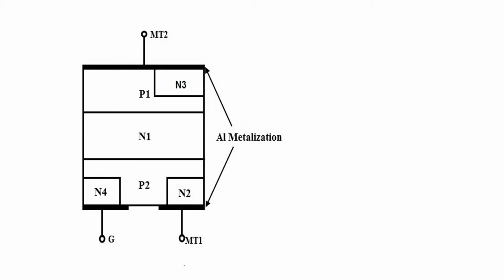A triac actually has five layers, out of which four layers work effectively whenever the terminals are positive and negative. Here you can see layer P1, then N1, then P2, and then N2.